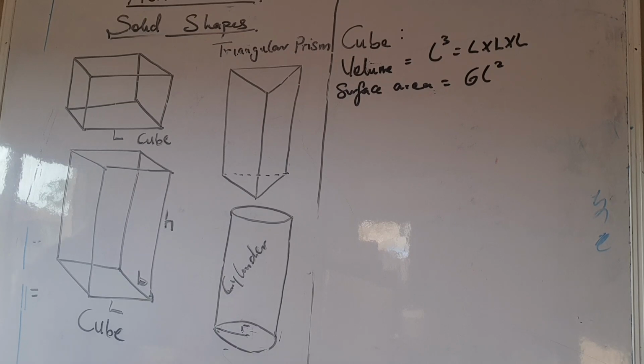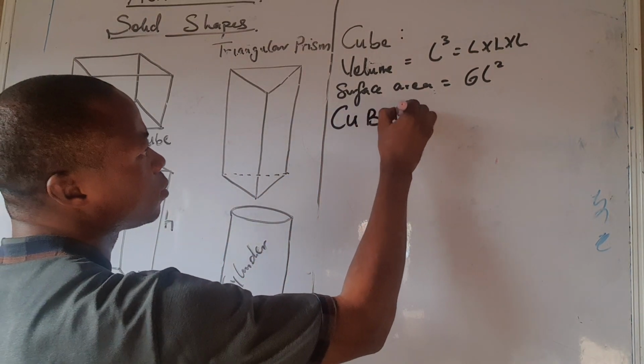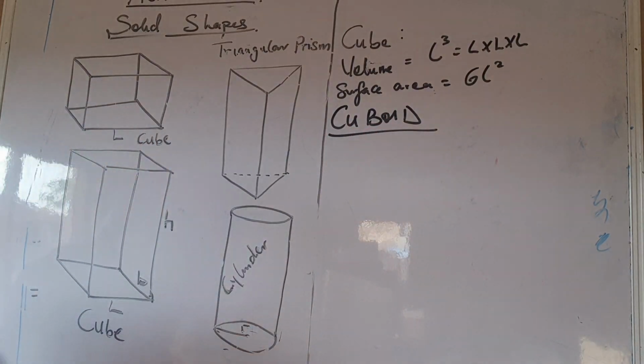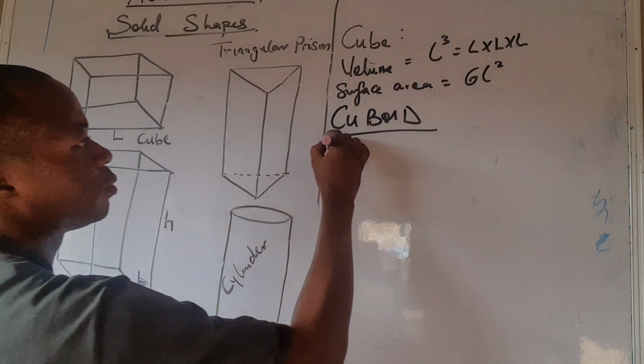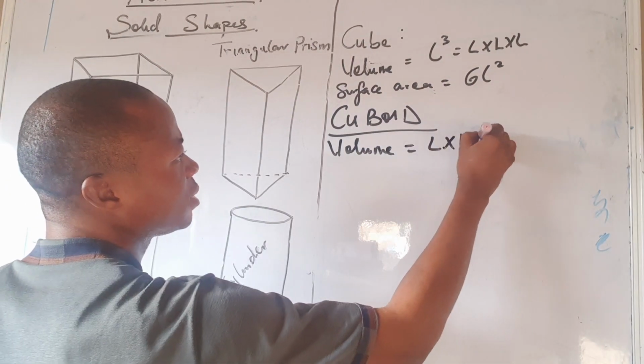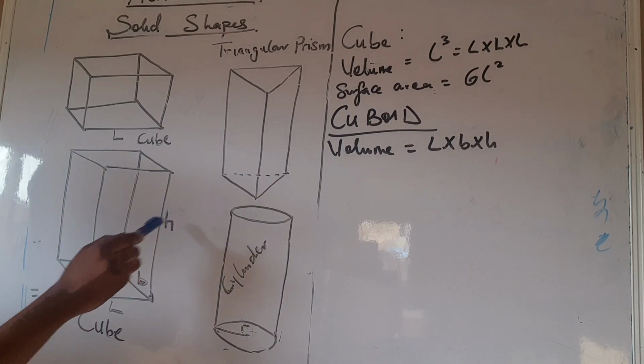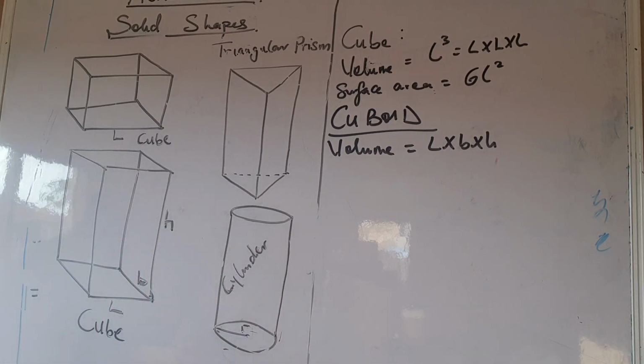When we look at the cuboid, the volume is given as length times breadth times height. That is the volume of the cuboid.